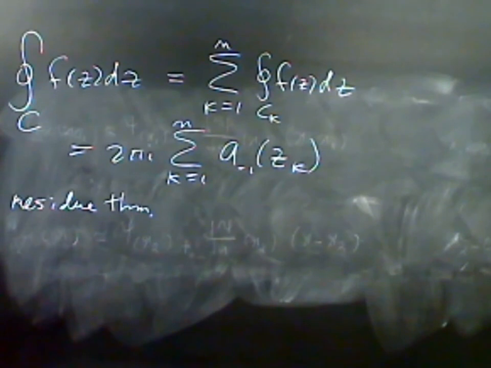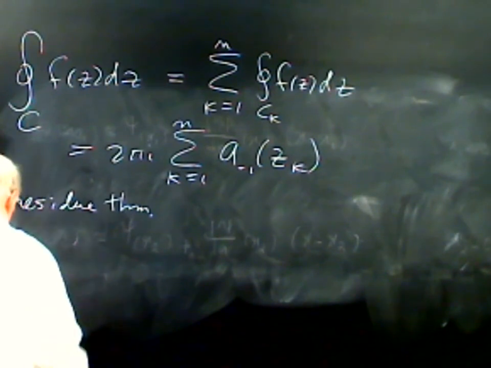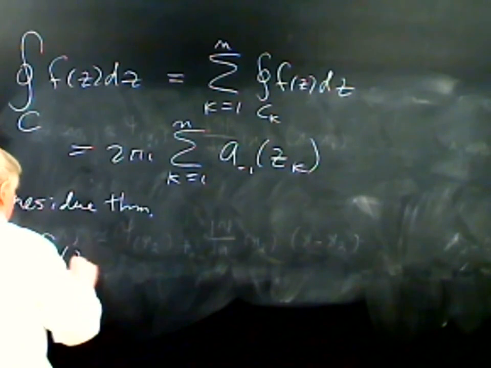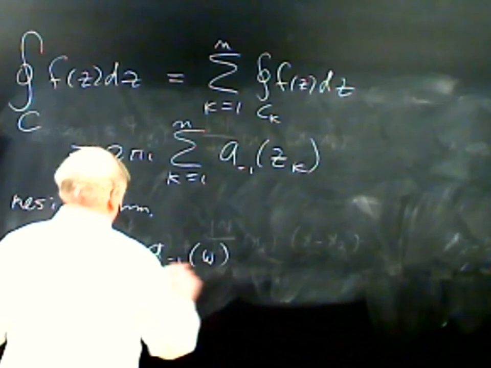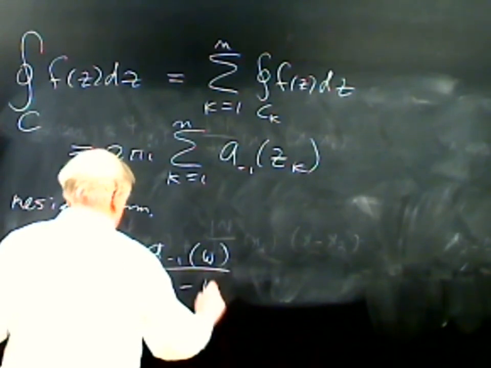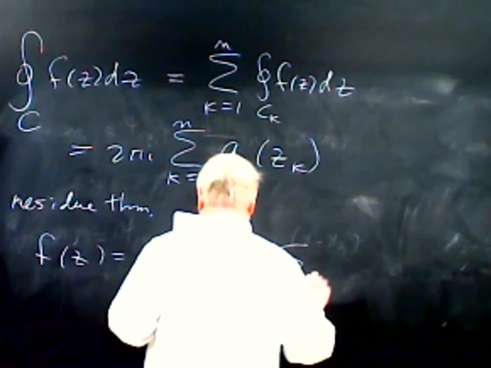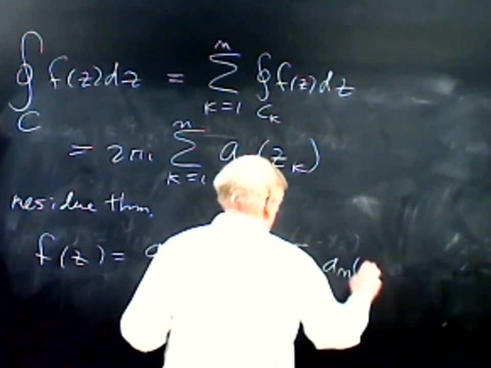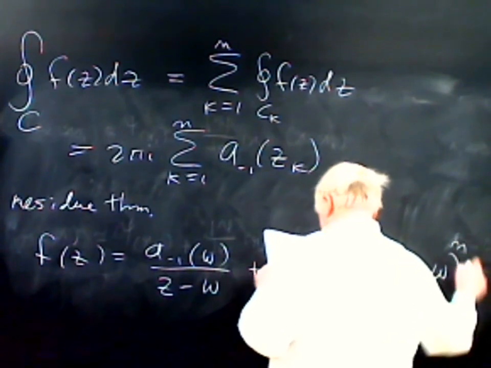All right. So if w is a simple pole of f(z), then this thing might look like this: a_{-1}(w) over z minus w, plus the sum a_n(w) (z minus w)^n.